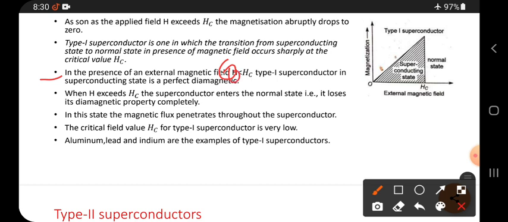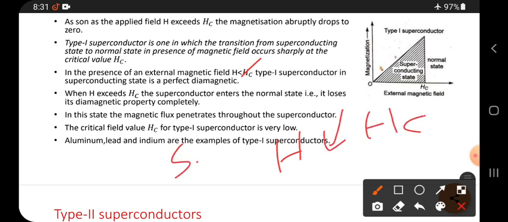When the applied magnetic field is less than the critical magnetic field Hc, the type 1 superconductor in the superconducting state is a perfect diamagnet. So when H is lower than Hc, the superconductor is a perfect diamagnet, which means the lines of force cannot pass through it.